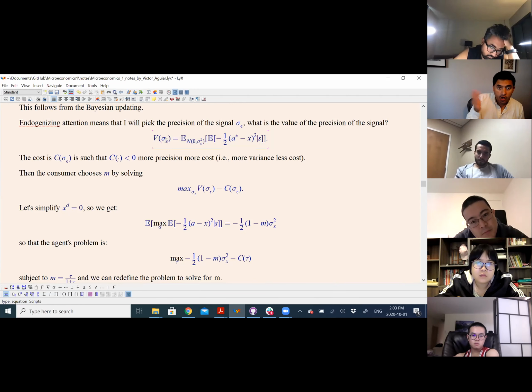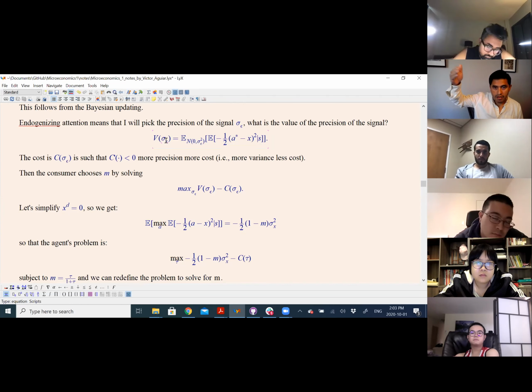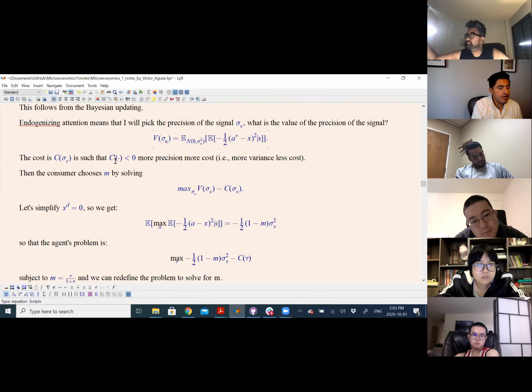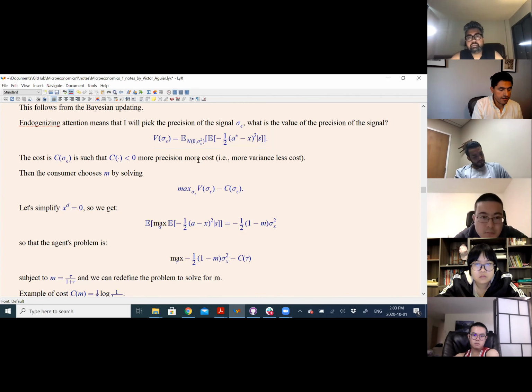Now, if you didn't have a cost, if information is costless, then you will become rational. So you pay full attention. But we have to introduce a cost. So this cost, the only property I'm going to ask of it is that the first derivative is negative. So more precision, more cost. In other words, remember sigma is variance, right?